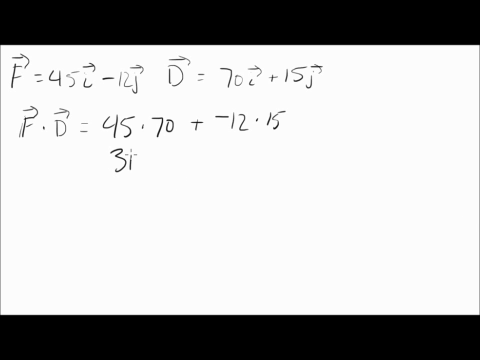It's 3150, and then we're going to do negative 12 times 15, which is going to be negative 180. So if we do 3150 minus 180, that's going to give us 2970. Okay, so this is the way that we're going to do work. So the work involved in this problem is 2,970.